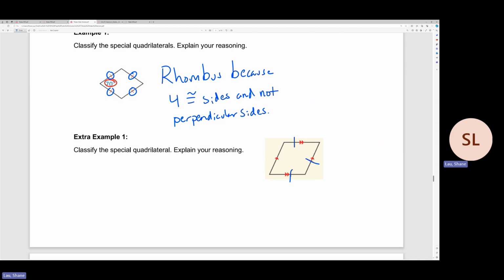And I know that side I just said is going to be congruent to the other side. So in essence, I've just shown that I have 2 pairs of parallel sides, and I've just shown that I have all congruent sides.